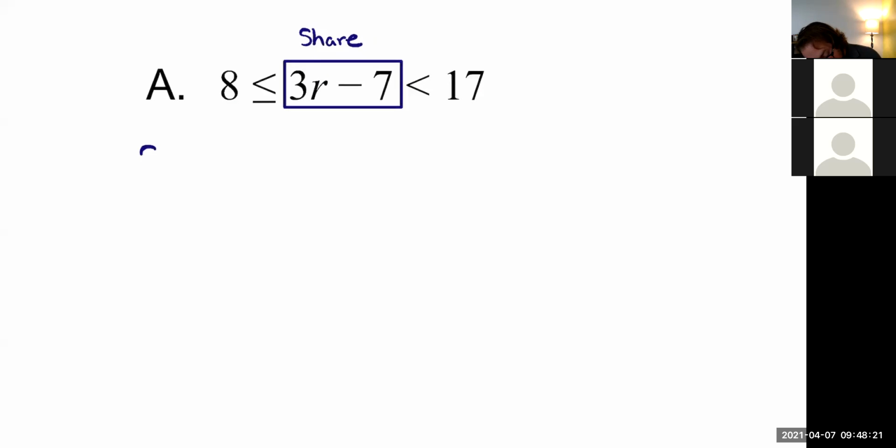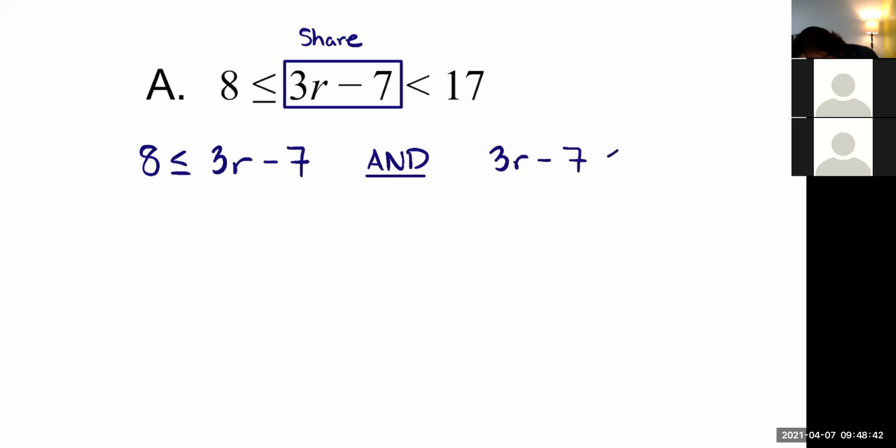So the first inequality will be 8 is less than or equal to 3r minus 7. I always like to write the word and, just so I remember that they were originally together. And then the second one is going to start with 3r minus 7, which is all going to be less than 17.